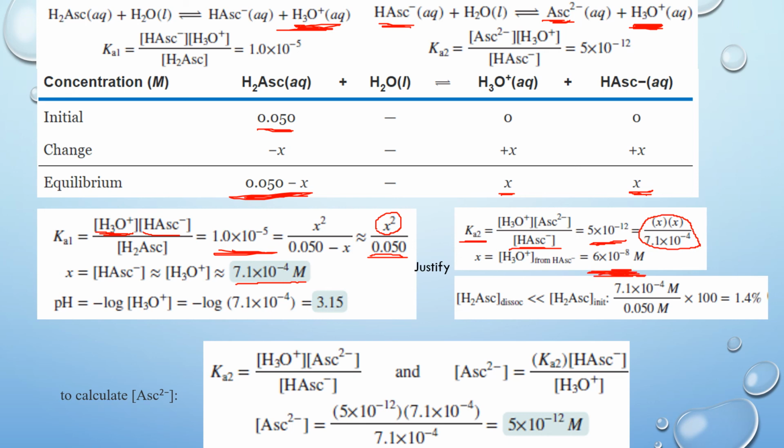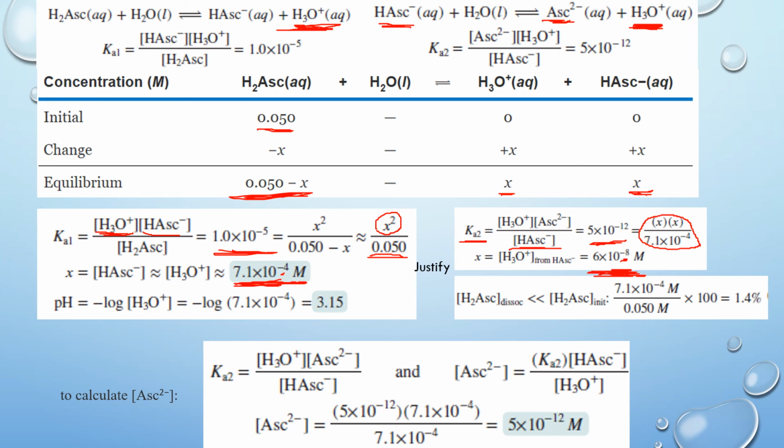If you compare this concentration with the concentration of the proton generated from the first reaction, which is 7.1 times 10 to the negative 4, we have 10 to the negative 4 here and 10 to the negative 8 here. So this concentration is much smaller. That means our first assumption is a valid assumption.